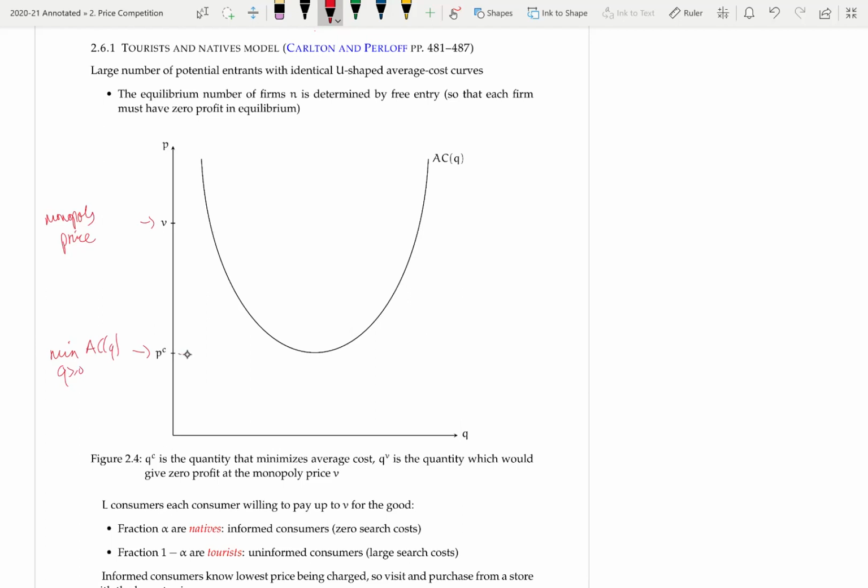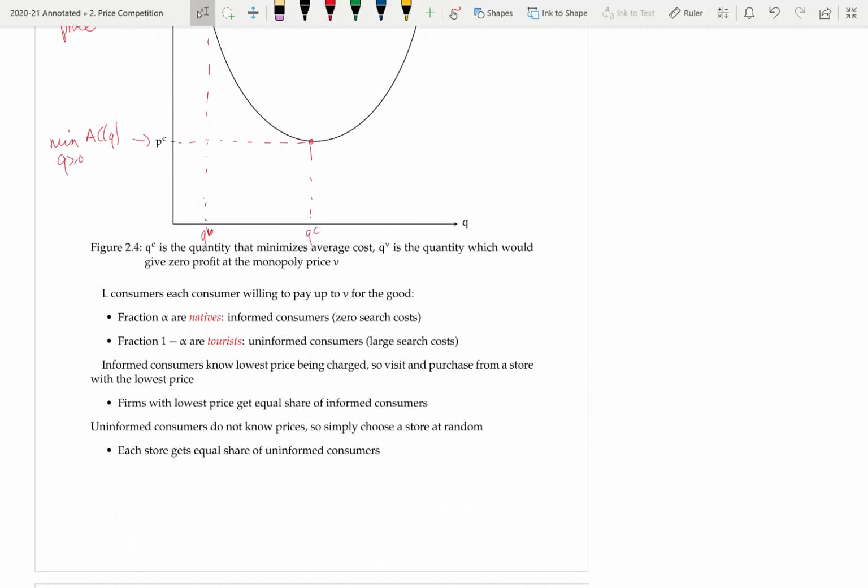The first quantity is the competitive quantity, QC. It's the quantity that minimizes average cost. And the other quantity is the quantity QV, which is the smaller quantity where the average cost is equal to V. So we've described the cost function of the firm.